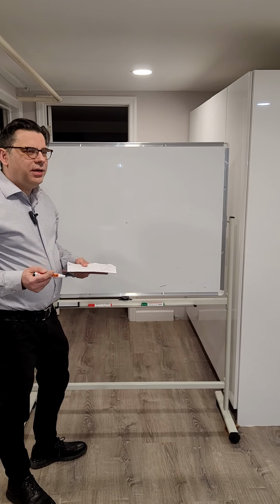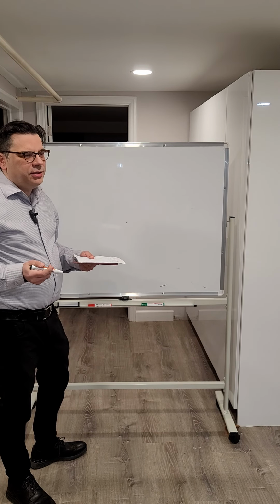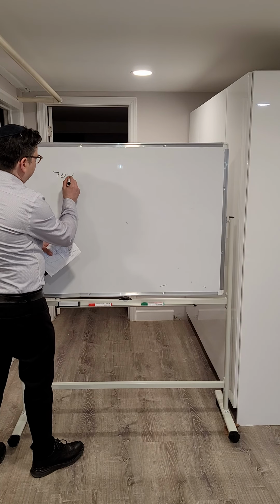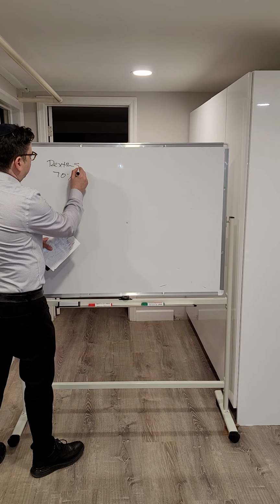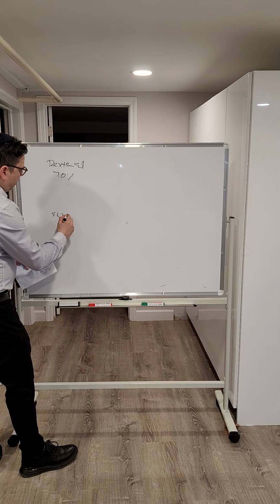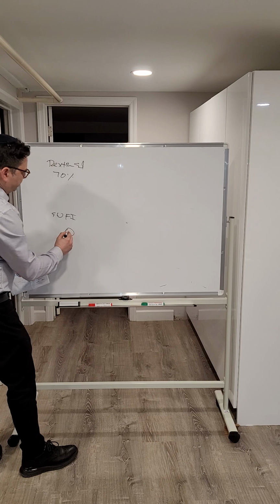So then you're probably thinking, so what percentage do we apply to sterile water for injection? So the answer is 0. So let's say we have 70% dextrose solution, and we have sterile water for injection, and that gets a 0.